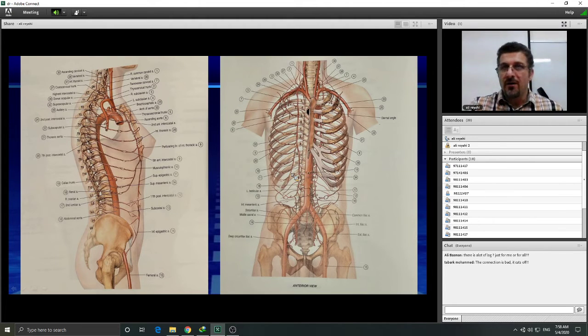Finally it reaches the diaphragm, and this artery terminates there.